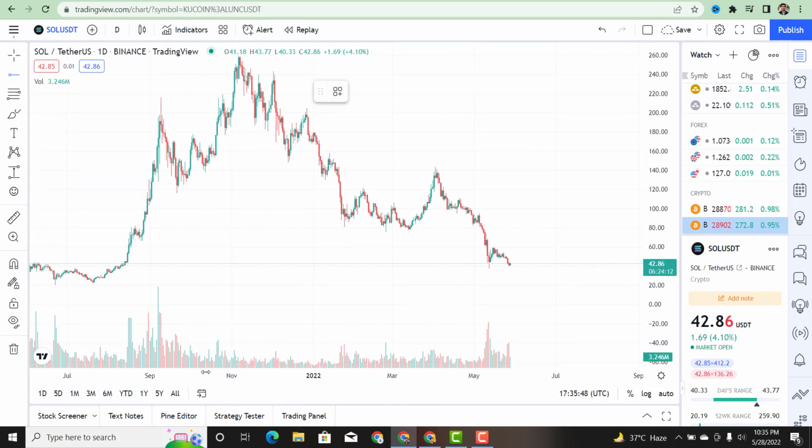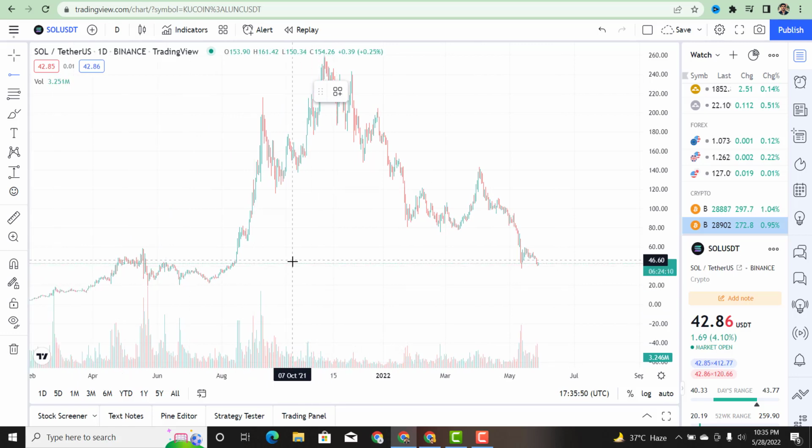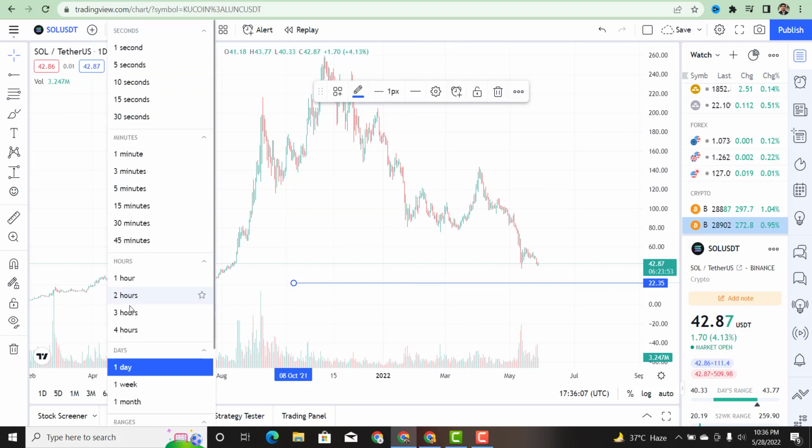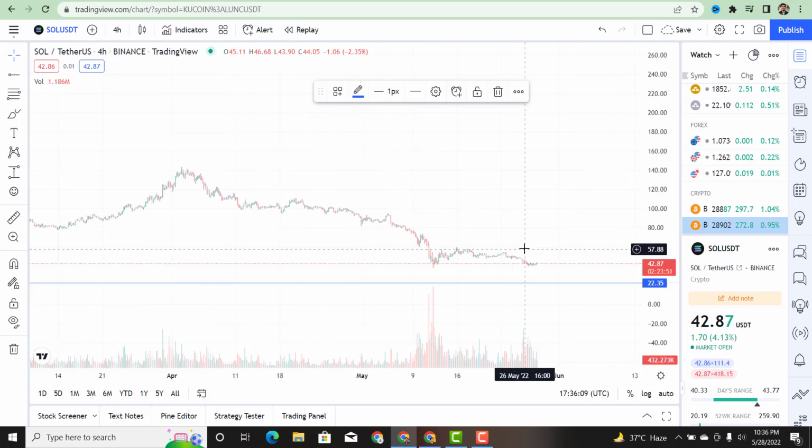Well, if I were to find a support, I would say this one is a good historical support, a big support, I would say, the major support level. However, let's jump to the local time frame.